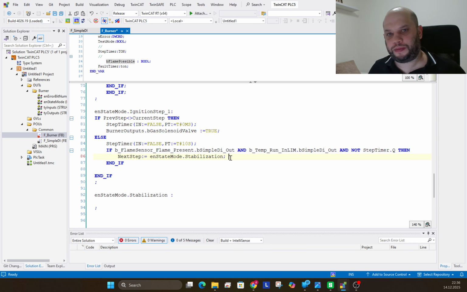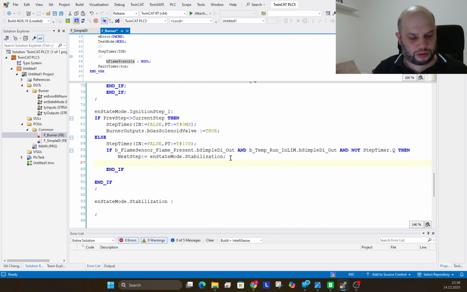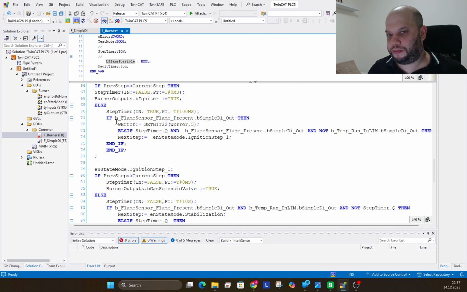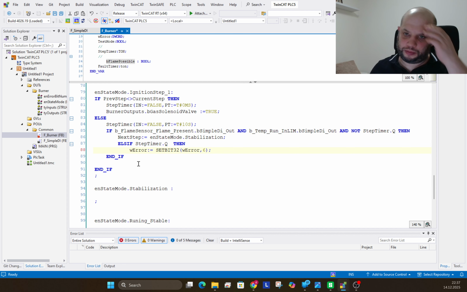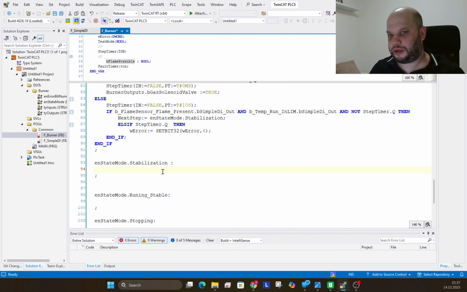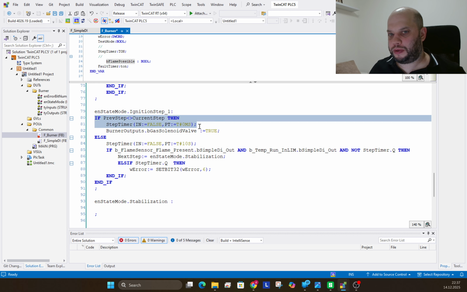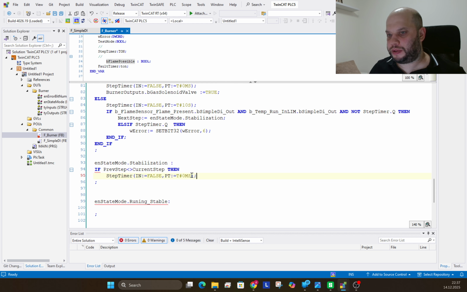So next step, stabilization. So if the stop timer is triggered, okay, this is good. Stabilization. Standard construction.